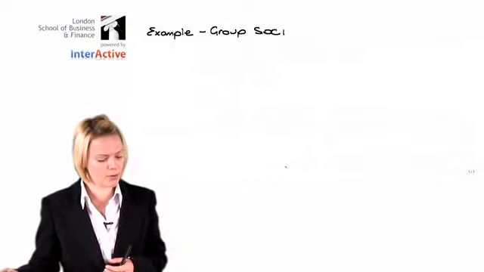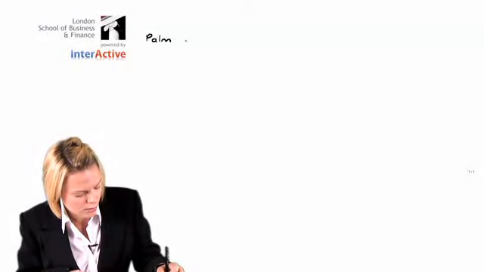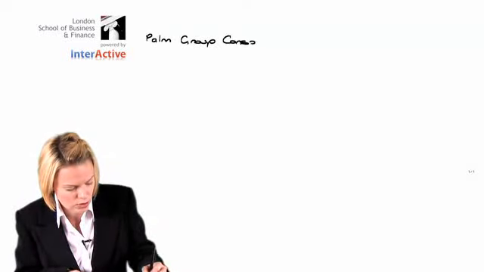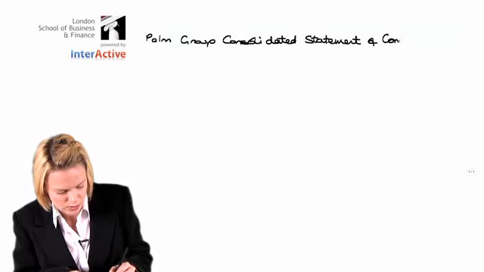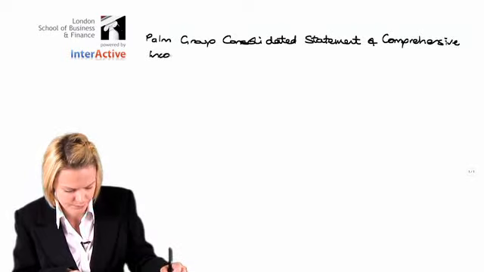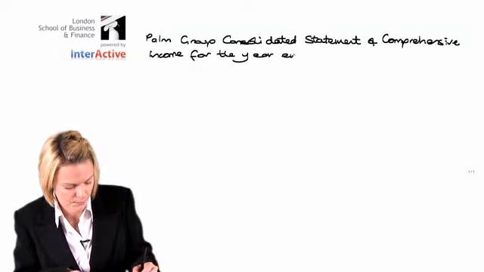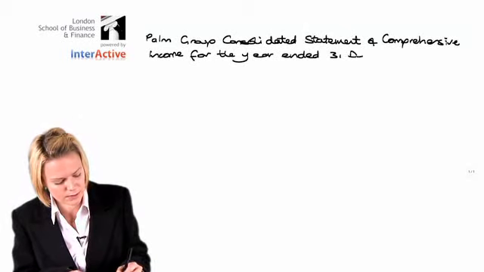So, for this example then, we're going to head it up appropriately. Palm Group, so the name of the parent, Group Consolidated Statement of Comprehensive Income for the year ended the 31st of December 2011.